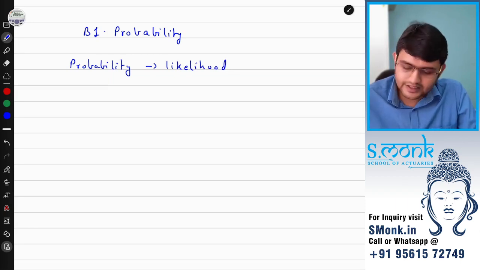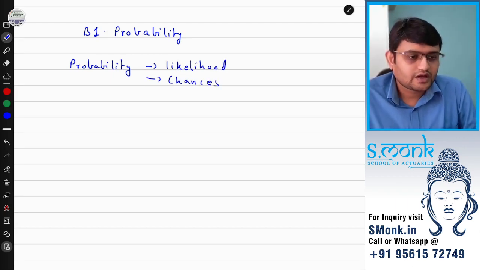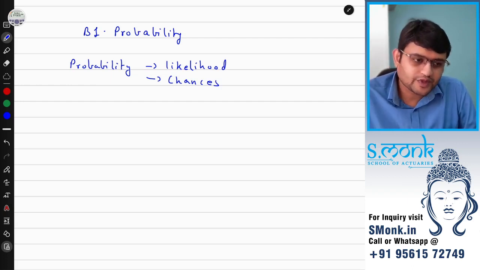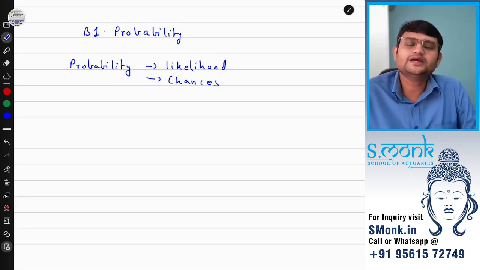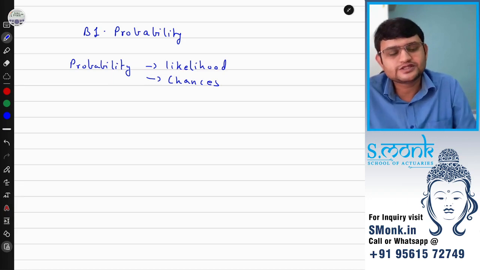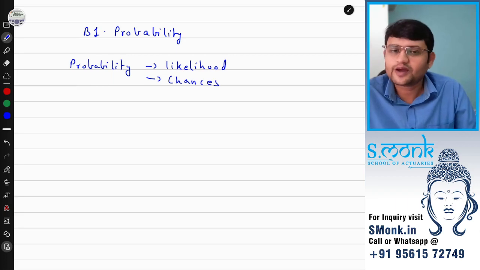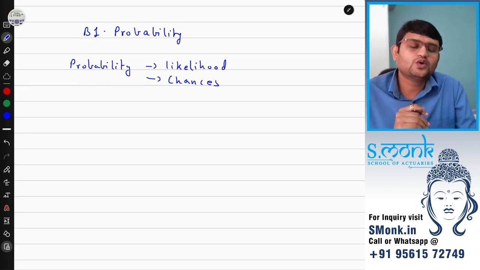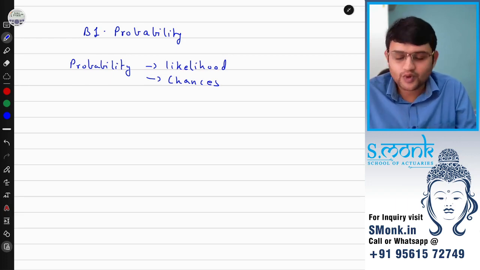So Vedant is saying likelihood. Devanshi is saying chances. Both are correct. Advo is also saying chances of happening of an event. Yes, perfect. So when I say probability, it is nothing but chances or how likely is something to happen. Likelihood also means the same thing. What are the chances? And the chances means probability. So if we figure out what are the chances of something happening, we call that the probability.